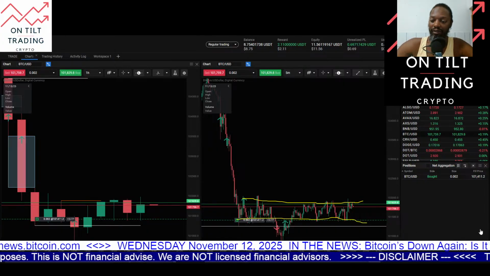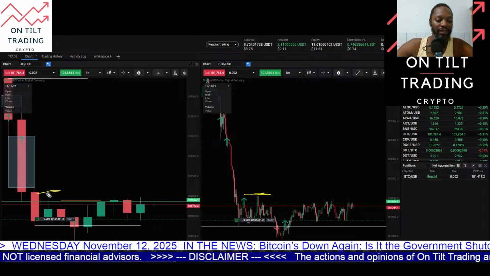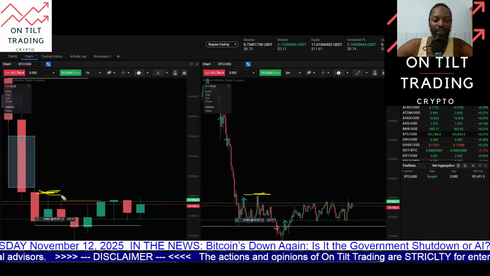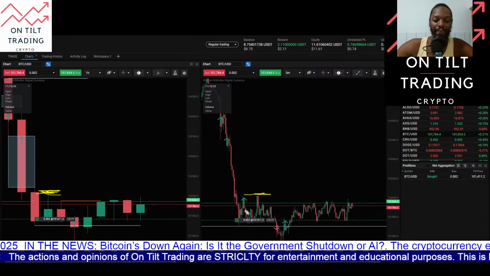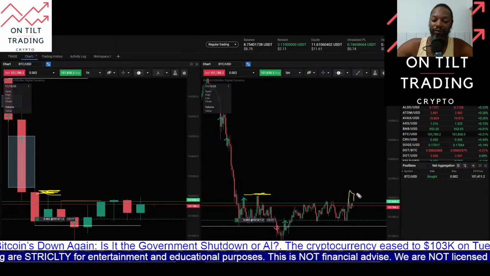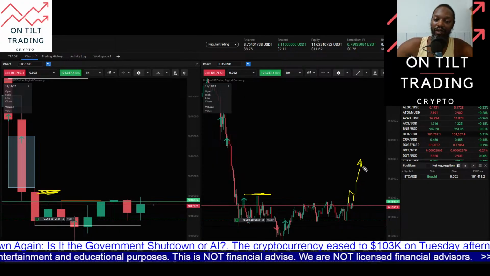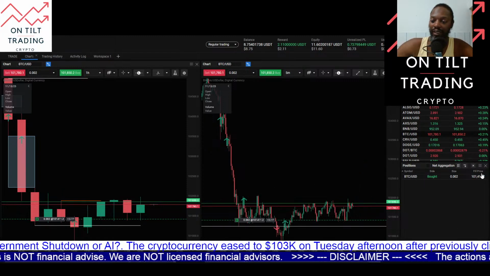The next area of interest would be this area right here, which is equivalent to this candle here, which would be the noon candle for New York. And if that candle gets a body candle close above it, then there is another higher likelihood of seeing price deliver further to the buy side.